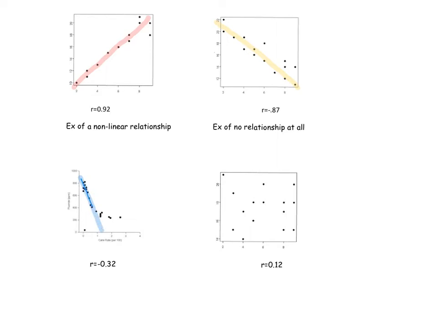The graph isn't linear, and correlation describes a linear relationship. Our last example is no relationship at all. We have an R of 0.12, which is pretty close to 0. There are a lot of potential lines I could draw here, but not a lot of the points are going to fall on that line.